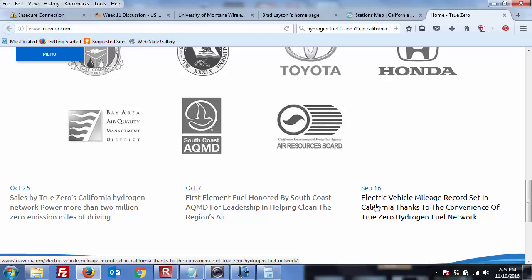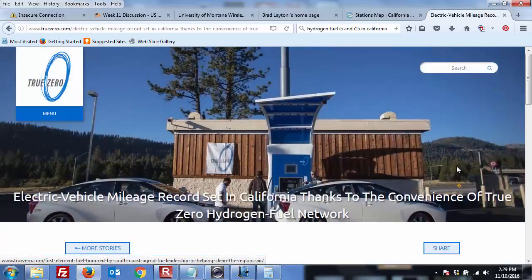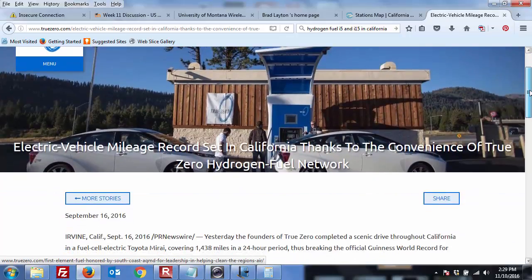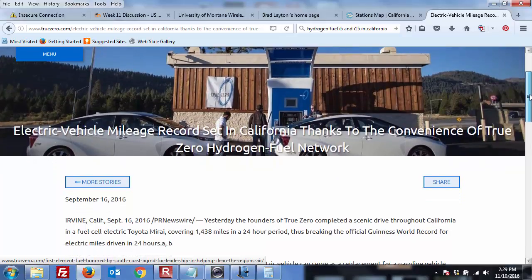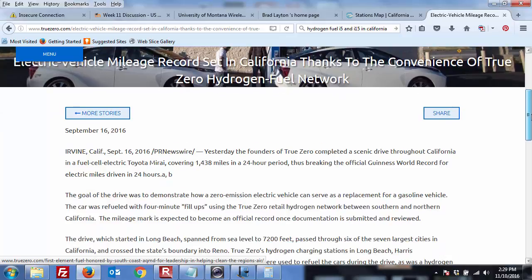September 16th, electric vehicle mileage record set in California. Let's check that out. That's cool. Look at that. 1,400 miles in a 24-hour period. Nice. That's cool.